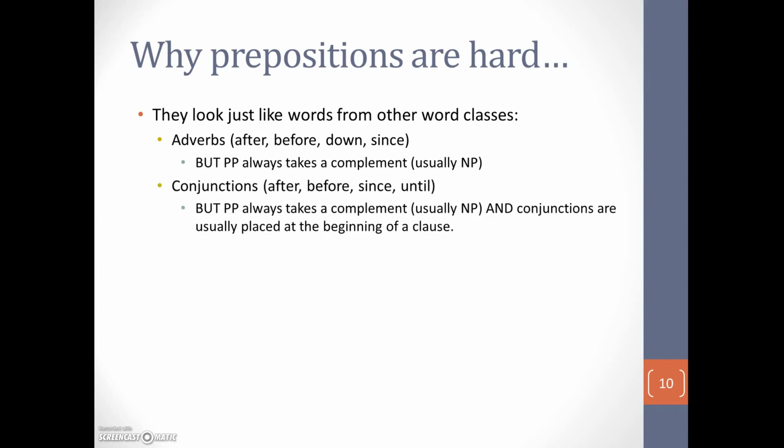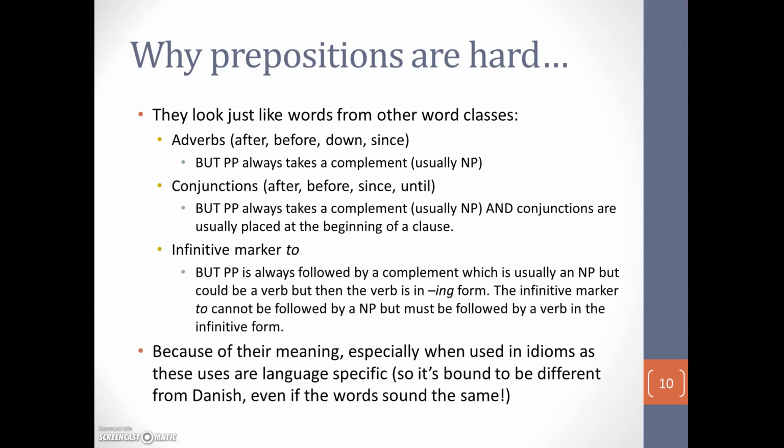They also look a bit like conjunctions. So here, after and before can also be conjunctions. But again, we know that prepositions always take a complement, and we know that conjunctions are usually placed at the beginning of a clause. And you're very, very unlikely to find a preposition at the beginning of a clause. Also, the infinitive marker to looks exactly like the preposition to.